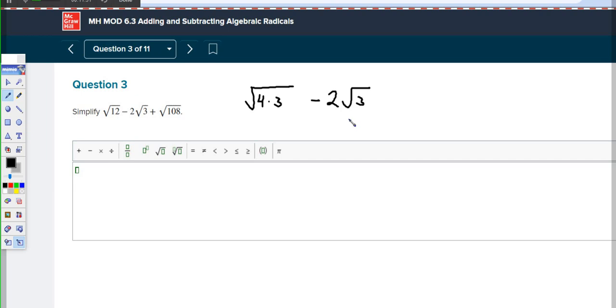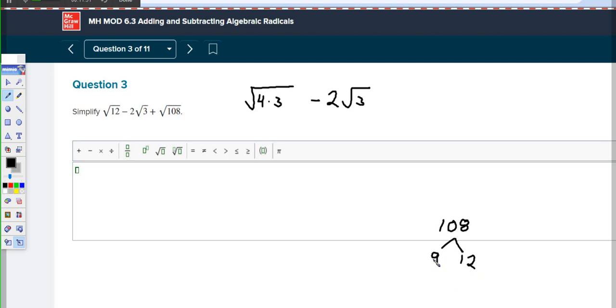108. So let's think here. 108, I can multiply that 9 times 12. Let's just break down 108 and think about it a little bit here. I could say 9 times 12. That's 108. It'd be 90 plus 18.